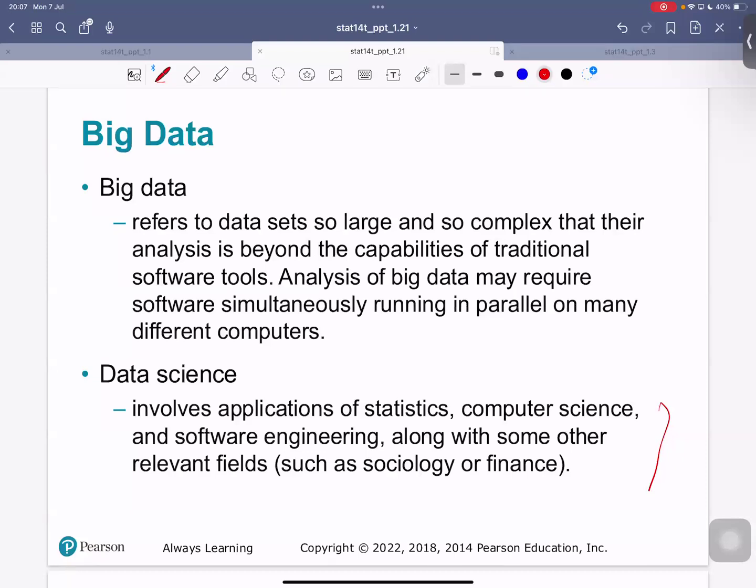Data science includes machine learning, deep reinforcement learning, clustering and classification.